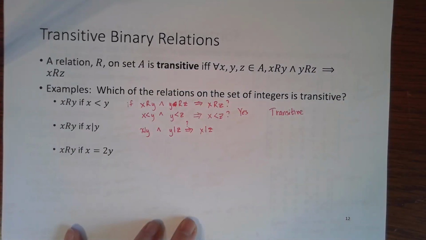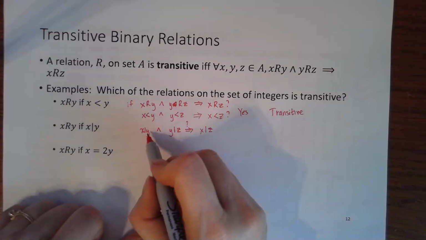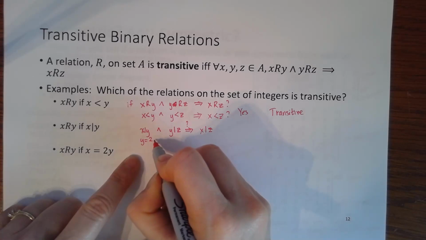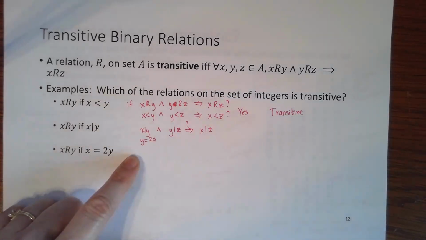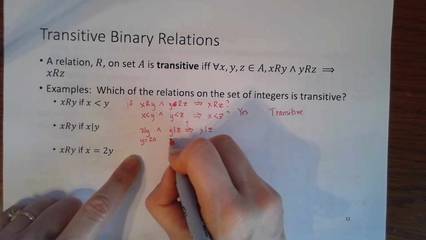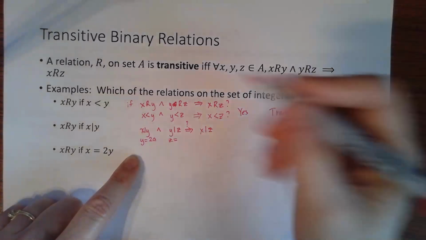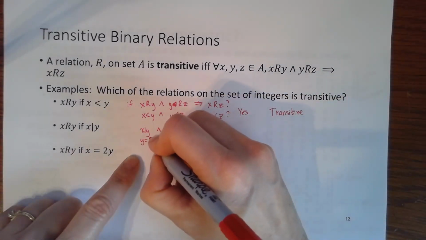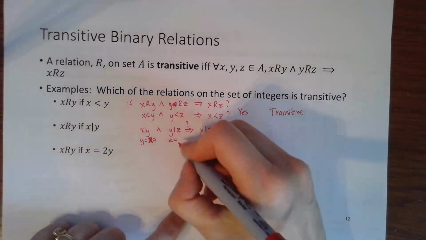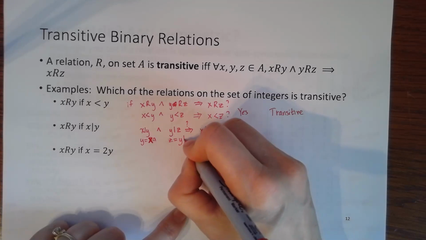Well, let's think about what that means. If x divides y, that means that y is x times some integer a. If y divides z, that means that z is y times some integer b.